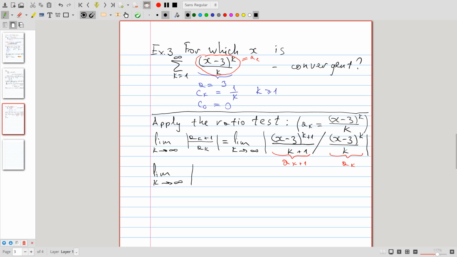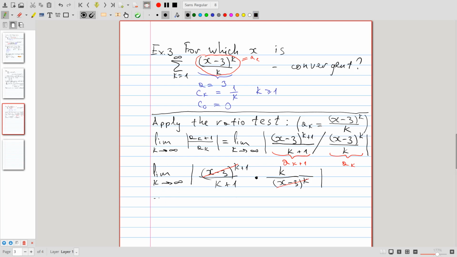We have limit k goes to infinity, x minus 3 to the k plus 1 over k plus 1 multiplied by k over x minus 3 to the k, everything under the absolute value. Okay, great. Now, what happens here is x minus 3 to the k is cancelled with this x minus 3 to the k, and we're only left with a single x minus 3 factor.